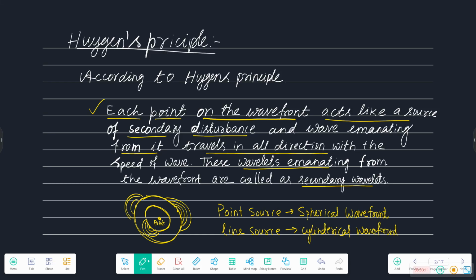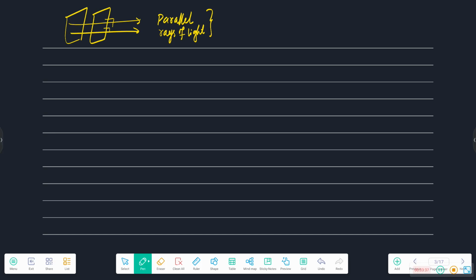If I draw parallel light rays, then this type of plane wavefront will form. The parallel light rays are going here, and all will be perpendicular. So remember, for parallel rays of light, or a parallel beam, the shape of the wavefront is parallel planes, or a plane wavefront.